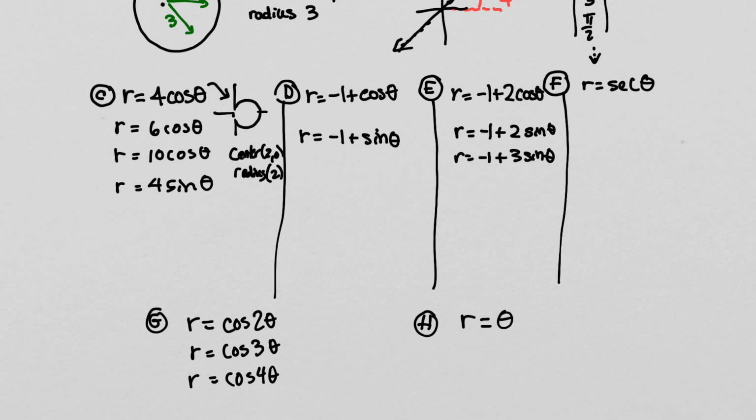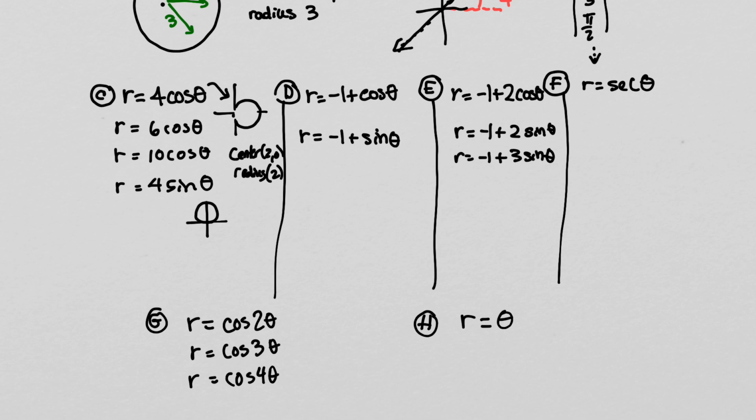What happens when you type the sine in there instead? What happens to that curve if we get rid of the cosine, but instead we type 10 sine theta? What does it give us? It gives us a circle, but it's now on the y-axis as opposed to being symmetric about the x-axis. This one's symmetric about the y-axis. So we get another circle, right?